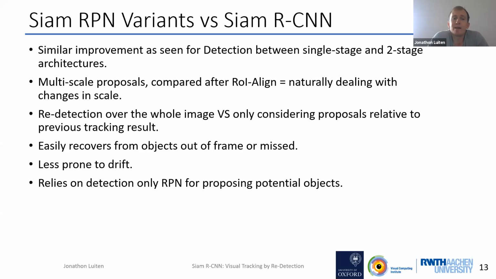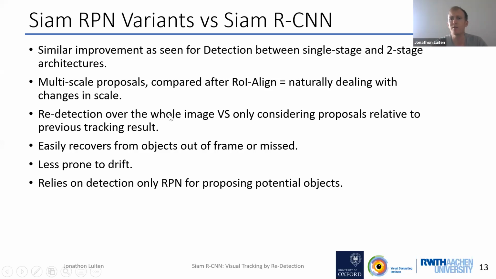This means that our method is able to easily recover from objects that have gone out of frame and come back, or objects that it just missed in a previous frame. It's also less prone to drifting over time because it has less reliance, and in the default case no reliance, on the previous predictions. It just takes the template and redetects this template.